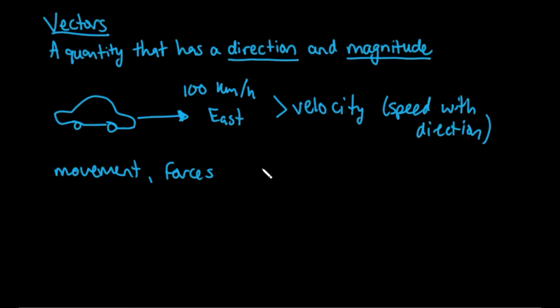You can have vectors in 2 dimensions and you can have them in 3 dimensions. We're going to be focusing on 2-dimensional vectors. Some people use vectors every day in their day-to-day lives. They might be an engineer who's designing a building to withstand wind or earthquake forces.